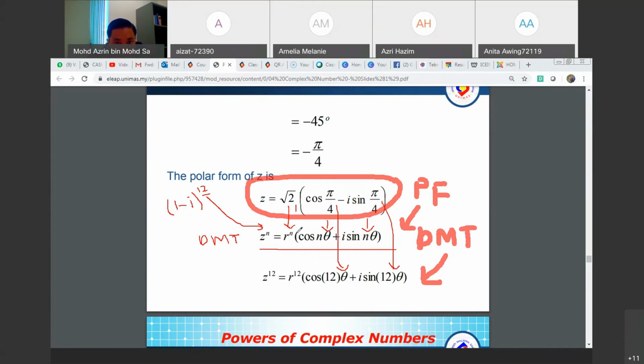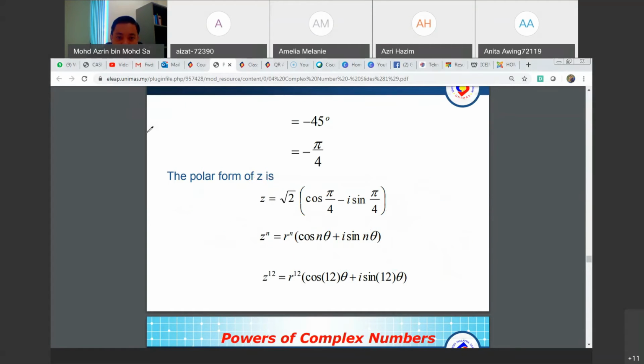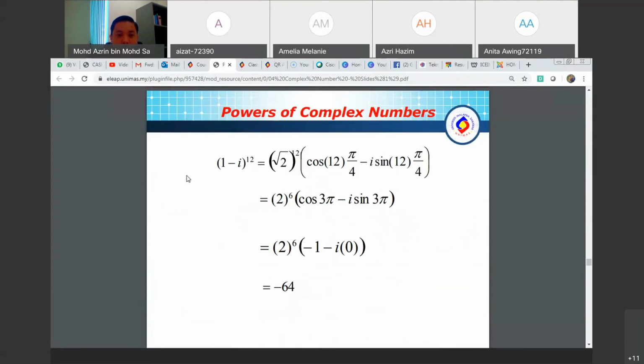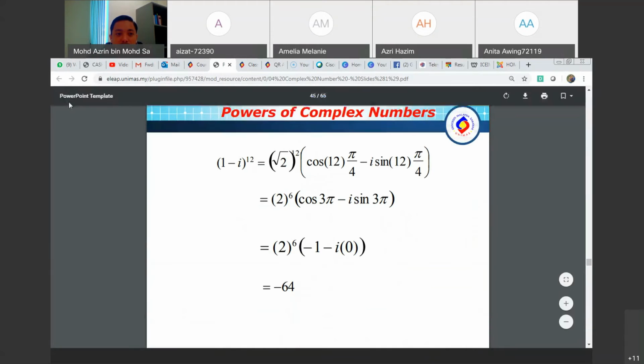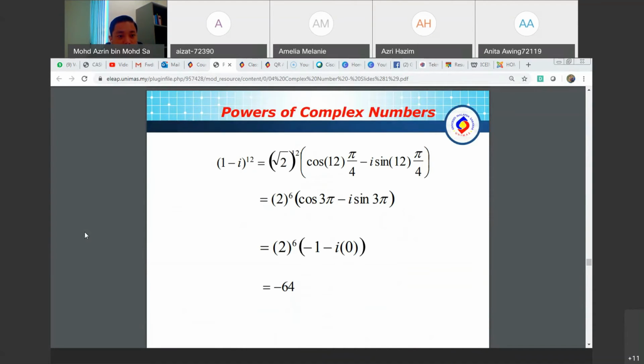Dan yang ni pun masuk dekat R ni. Then you will get, in terms of this value, 1 minus I power of 12. Then you get this equation after you insert all the values.